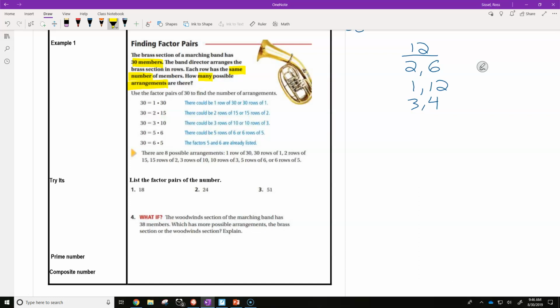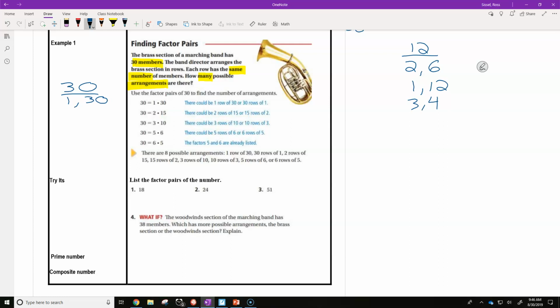So the first thing I have to do is find all the factor pairs. Now, to do so, I'm mainly listing what are my factor pairs of 30. Well, we came up with 1 and 30. However, I have to count this one twice.